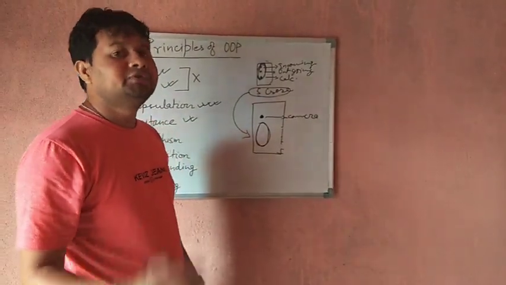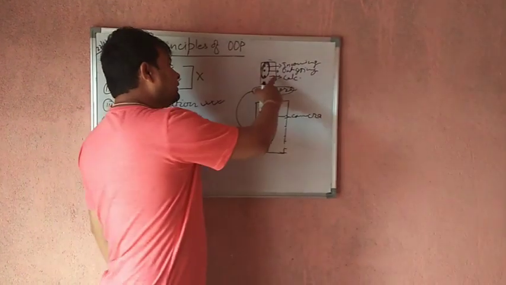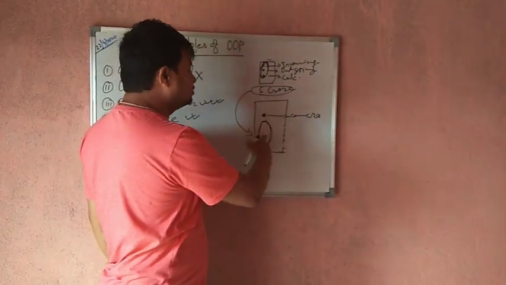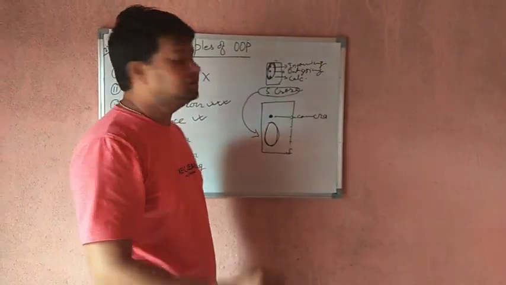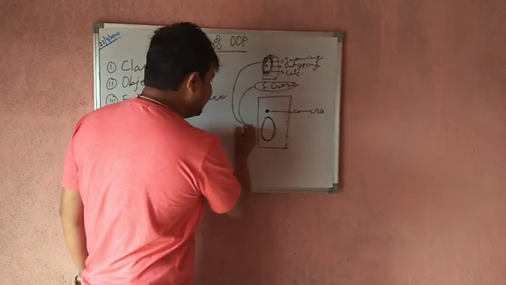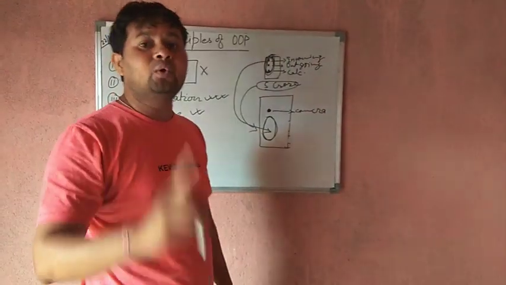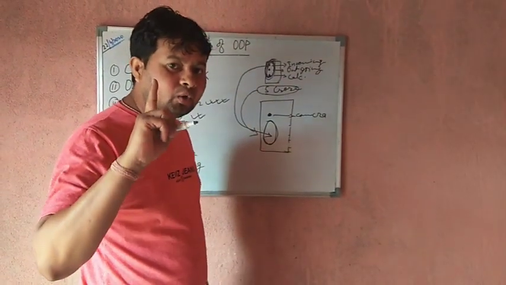So Java provides you the facility not to write those codes once again, not to copy those codes once again, just to inherit these codes. These codes you can bring here by writing only one line.